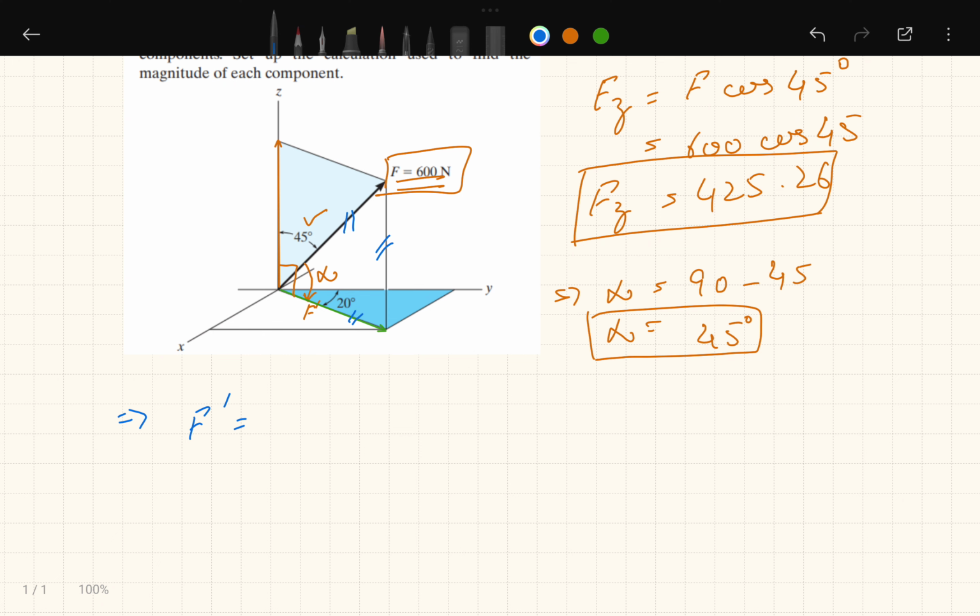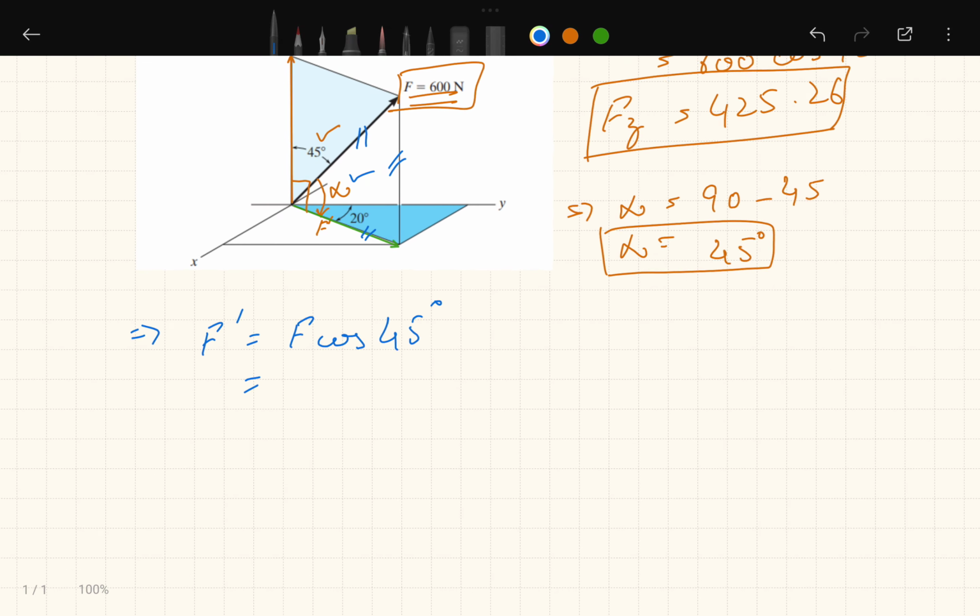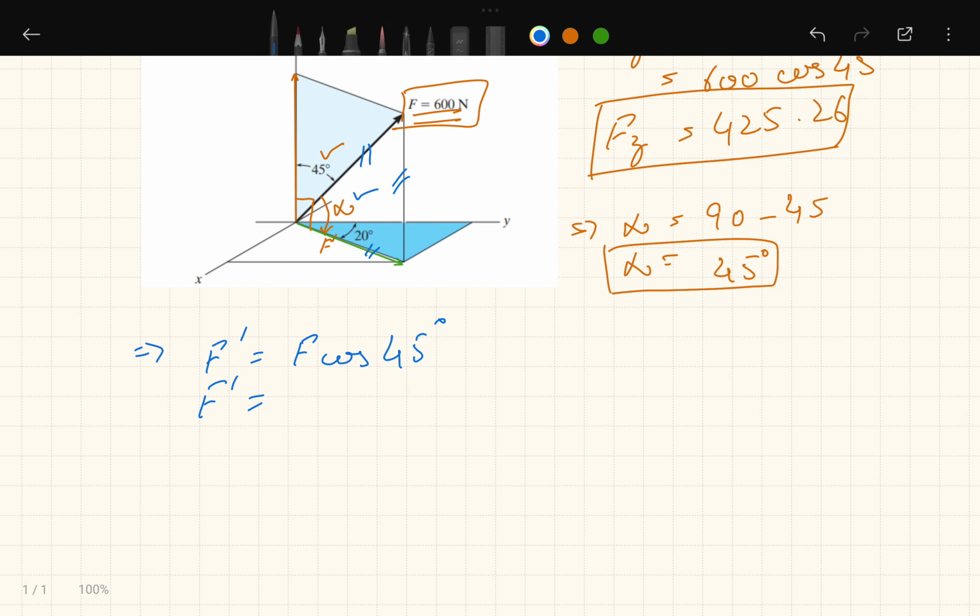You know the angle alpha now, so you can simply calculate F prime equal to F cos of alpha. Alpha in this case is 45 degrees, so it is the same as before, F cos of 45. F prime will be 600 cos of 45, which is again equal to 425.26. That is your F prime.